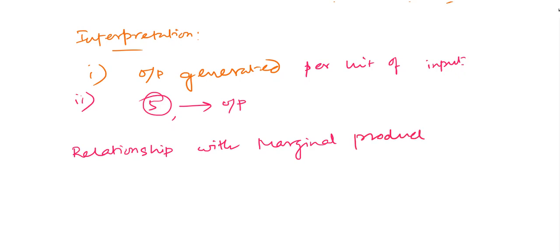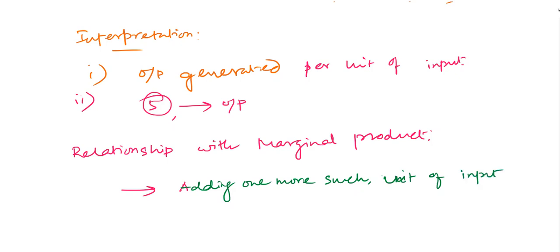The marginal product measures the additional output generated by adding one more unit of input, while the average product measures the average output per unit of input.